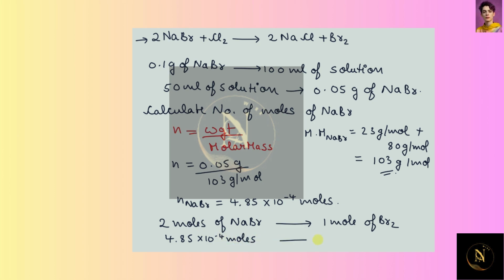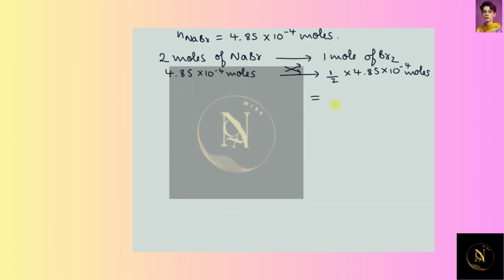So we'll simply cross multiply it. It will be 1 upon 2 multiplied by 4.85 into 10 raised to the power minus 4 moles. So let's calculate it. It is equal to 2.42 into 10 raised to the power minus 4 moles of bromine gas being produced.